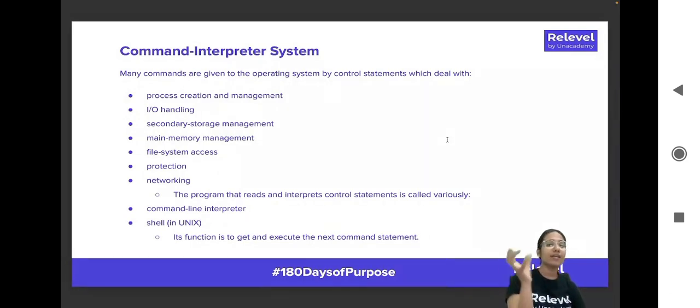Those commands are executed for the different management tasks, and the interpreter system handles all of these control statements.